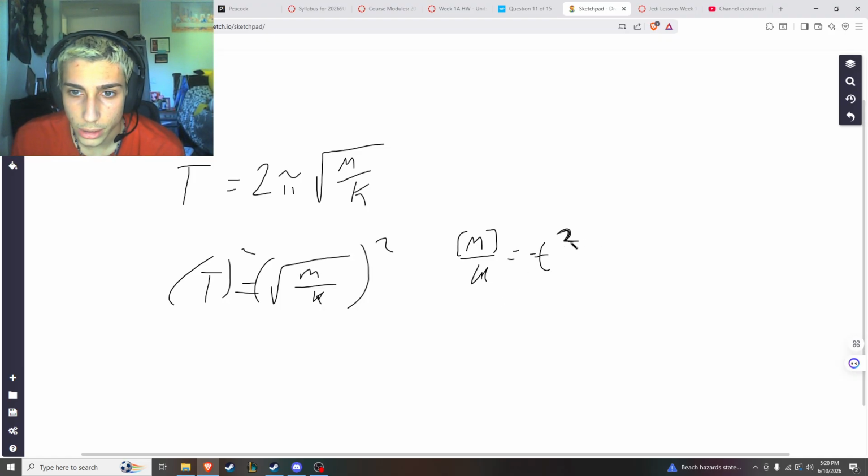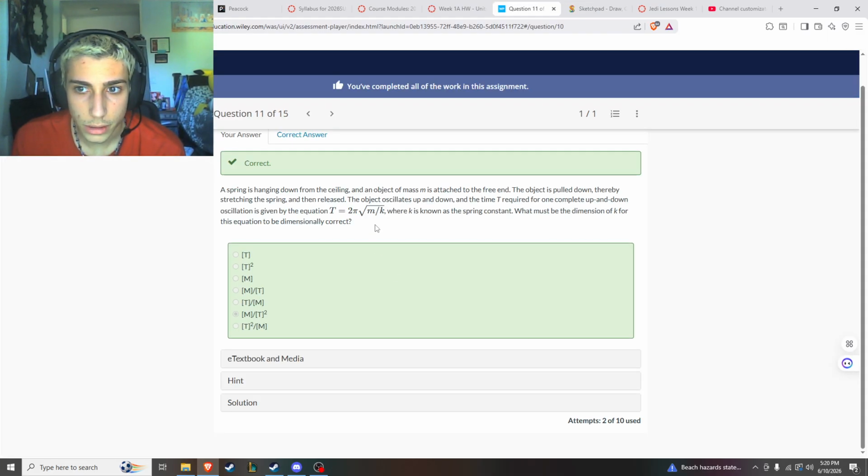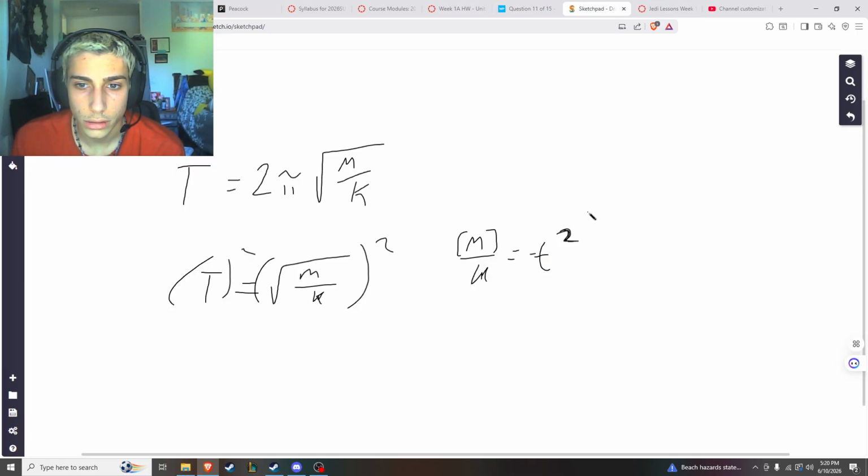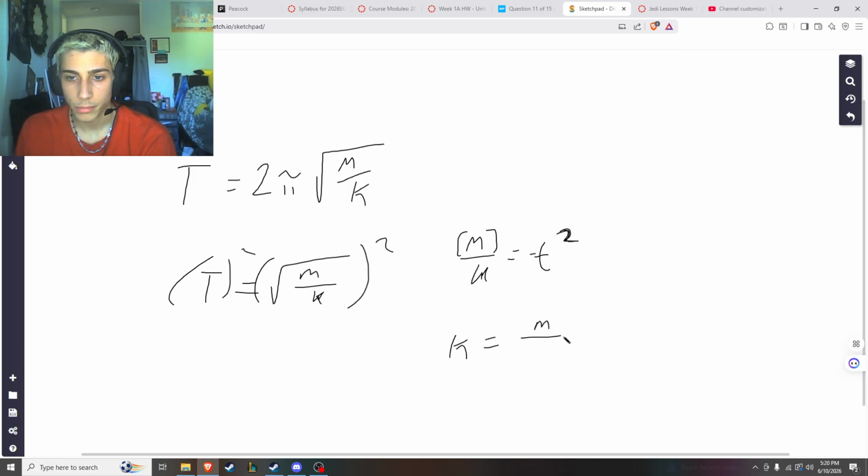Yeah, t squared equals m over k. So we want to switch these two and we want to solve for k. So k equals m over t squared.